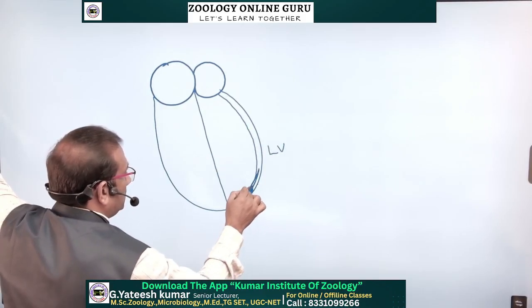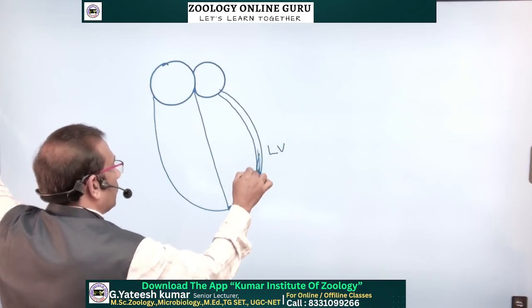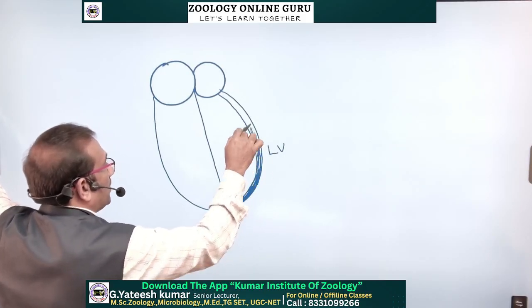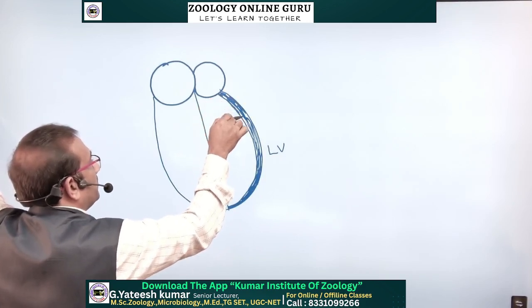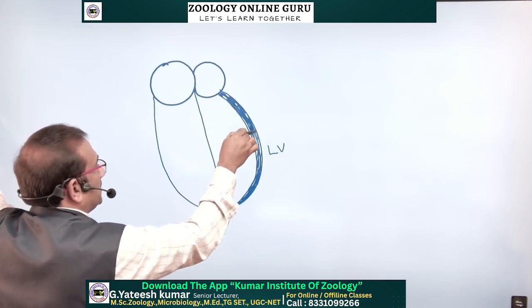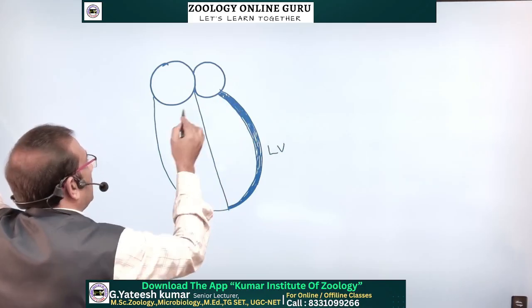You see, the wall of the left ventricle is very much thicker compared to the right one.